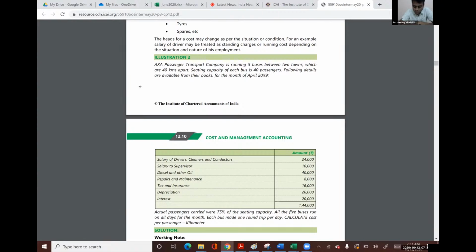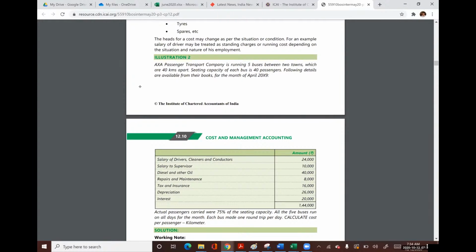Sudipta, Urmila, why don't you read it? Illustration 2.